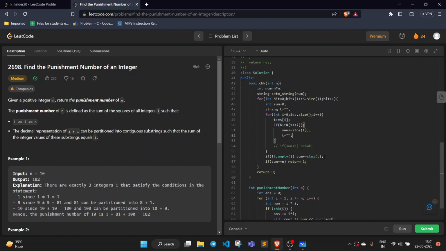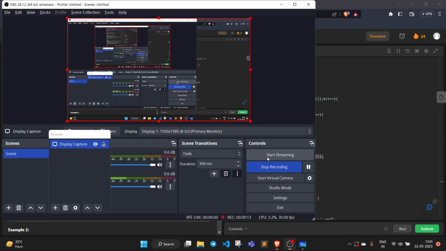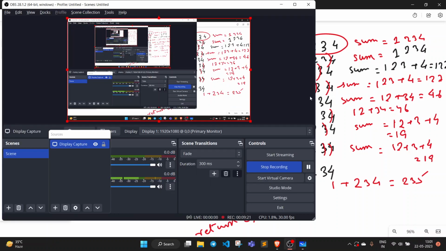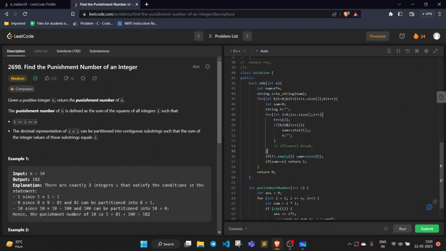And right at the end, suppose, in this part, at the end 4 was left in t, 4 will be left in t, right? You can check it here. Here t will be equal to 4 right at the end.